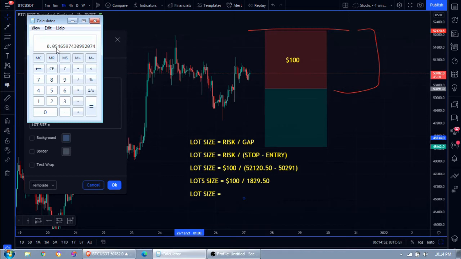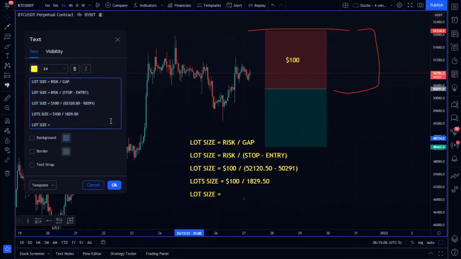So I think 3 or 4, depending on the exchange. So we're going to go for 0.055 because we're rounding up, thanks to the 6. So the answer is 0.055 BTC.